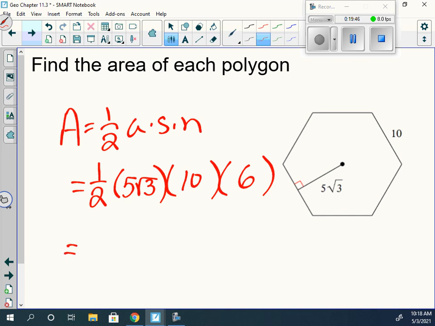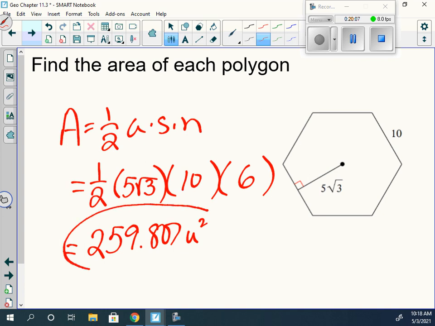So we just have to plug it in. And it's going to be an ugly decimal because of the square root of 3. The square root of 3 is an irrational number. It's a non-repeating, non-terminating decimal.